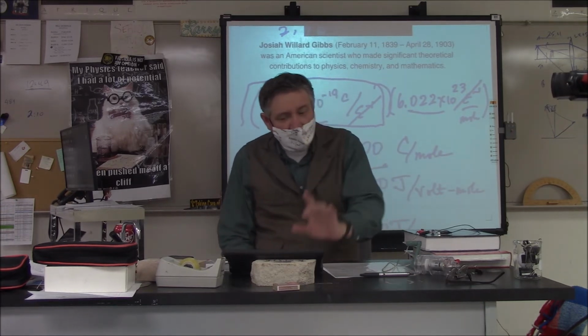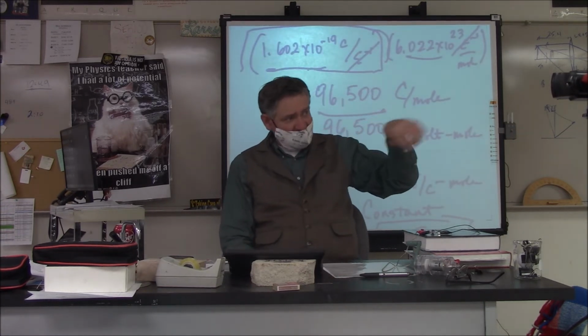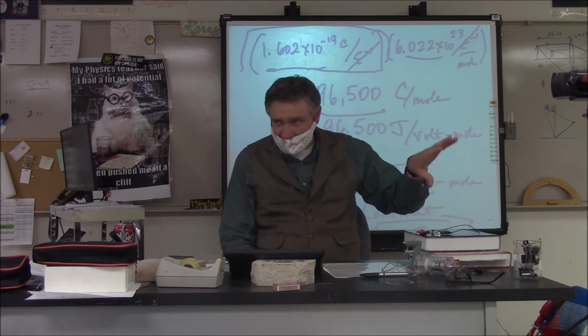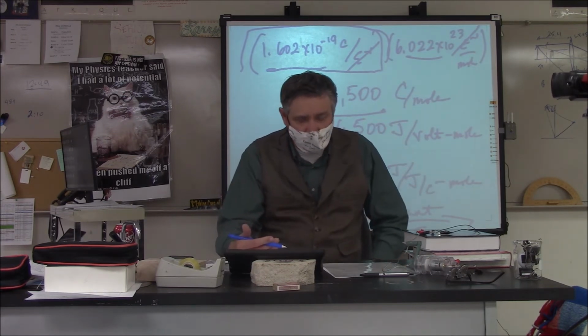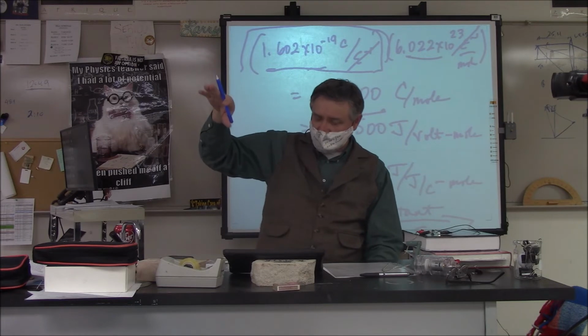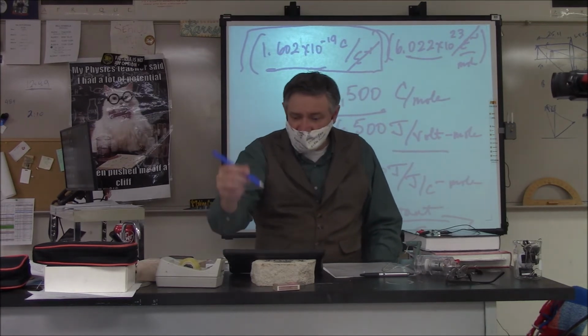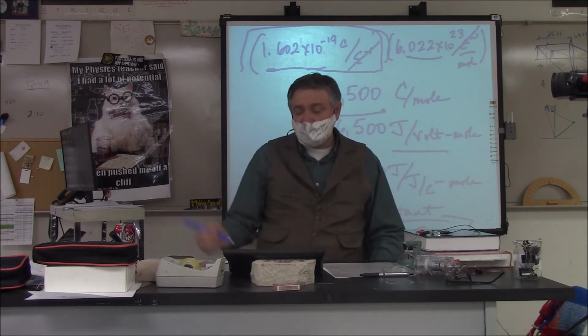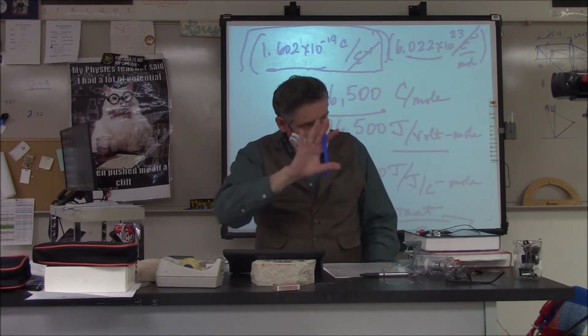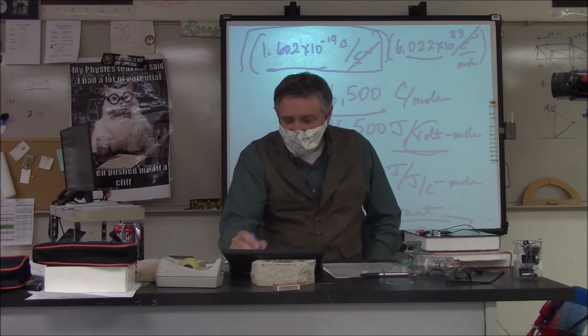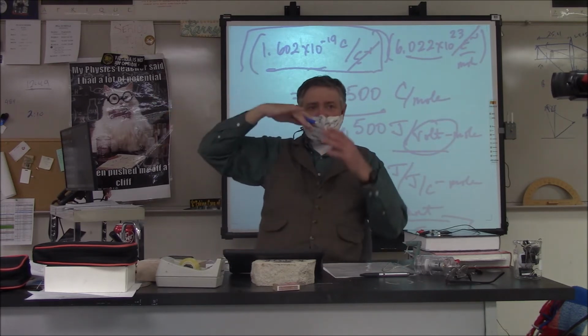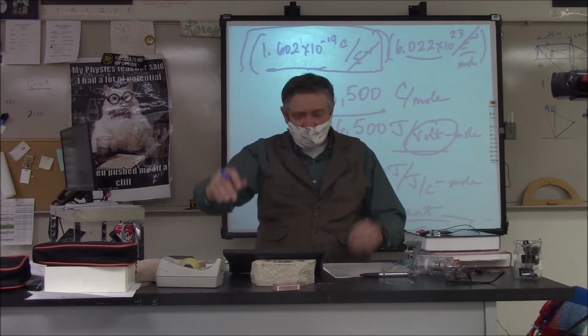Now, how you actually use Faraday's constant isn't coulombs per mole, and you'll see why we changed this up a little bit. What you're going to use in this class is joules per volt mole. The reason this works is that volts is a measure of energy. It's how much energy you have given this electron.